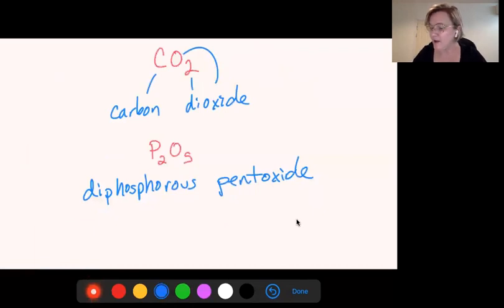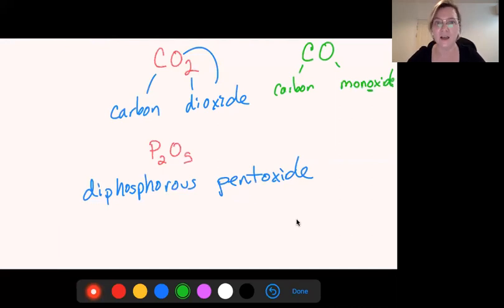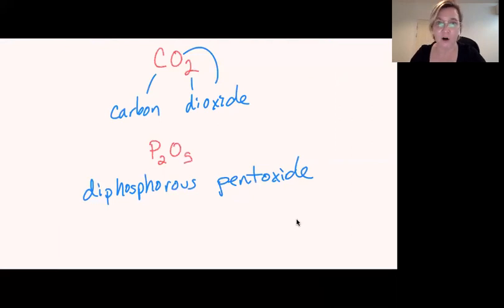An example of where you would see mono in the name is with a cousin of carbon dioxide, which is CO. Again, carbon, there's only 1, but for the first element, we just use the element name, carbon. And this is a case where we would say monoxide. Because the element starts with an O, you're not going to say monooxide. You just drop that vowel. It's monoxide. And there you have it. So all 4 ways of naming compounds in one short video.